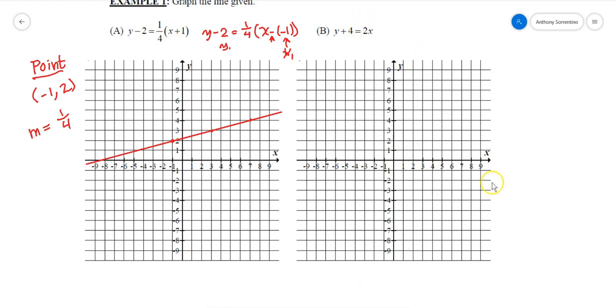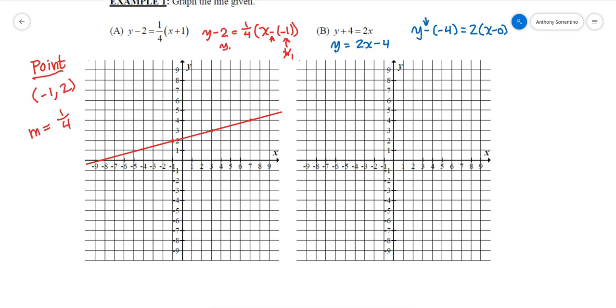The next one is also written in point slope form. There were a couple things I could do about it, though. One, I could recognize the fact that I could rewrite this. I could have also just as easily converted this to y equals 2x minus 4, and have it in slope-intercept form.